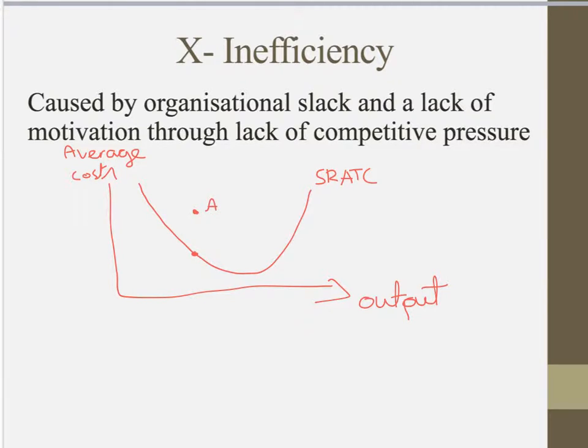So you'll be at point A, and there'll actually be some organisational slack at this point here, and we'll call that X because you're X inefficient. Okay, so it's the idea that you're not producing at the lowest cost you possibly could, possibly because you've got a lack of motivation as a workforce, because you're not striving towards that profit maximization objective, or you could just be a monopoly taking it for granted that you are the only firm in that market and there's huge barriers to entry, so there's a lack of competitive pressure there. So this is X inefficiency.